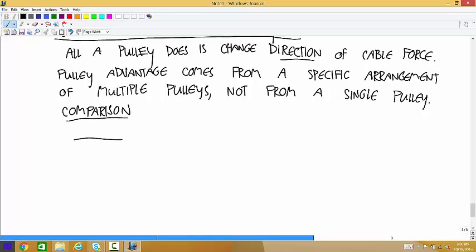So first over here, let's say that you have one pulley hanging from the ceiling, and a cable goes over the pulley, and on one end, let's say you have a 100 kilogram mass, and you want to know how much force you have to apply to that cable to hold that up.